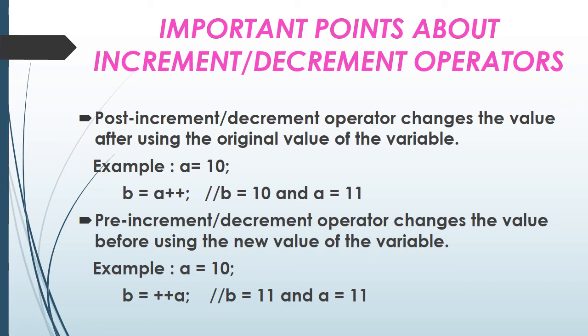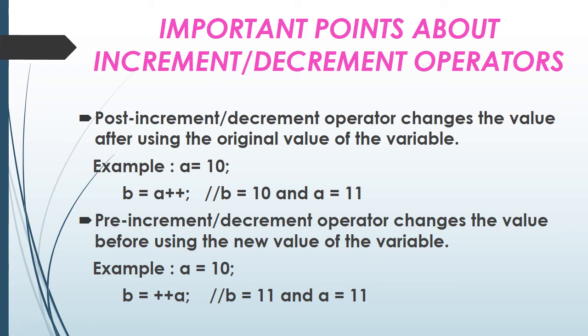The post-increment or post-decrement operator will change the value by 1, as you all know, but it changes the value after using the original value of the variable. It means first it will use the original value and then it will change.